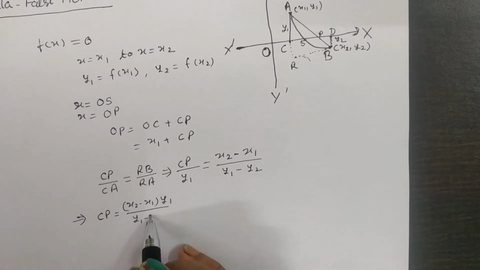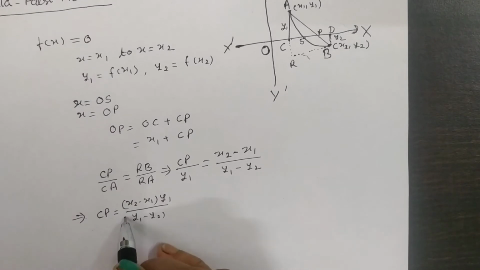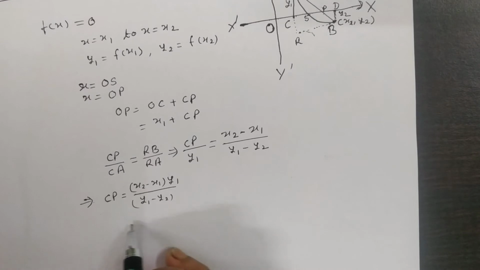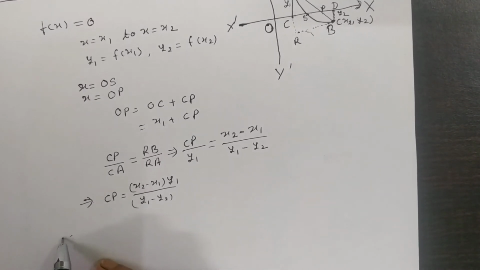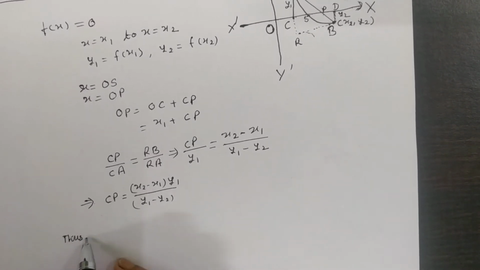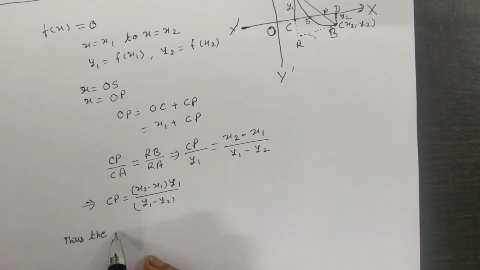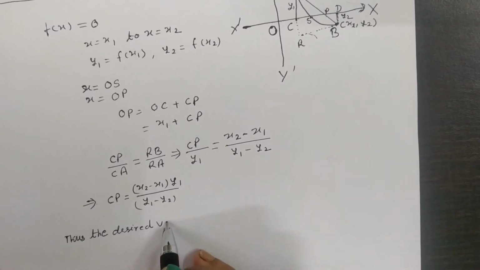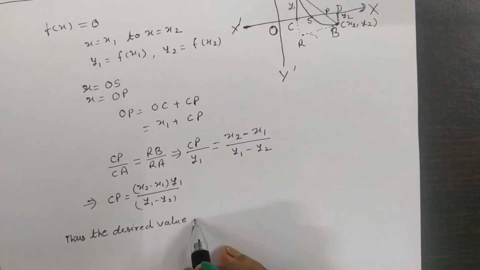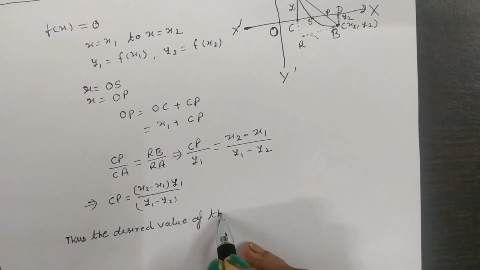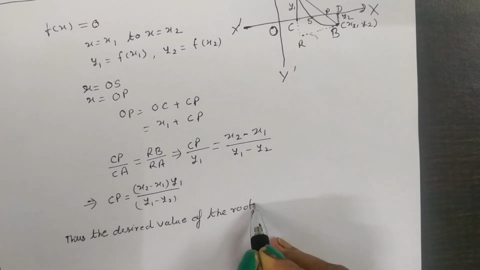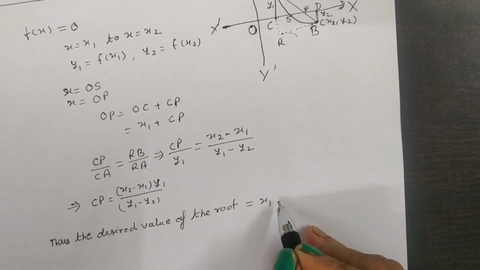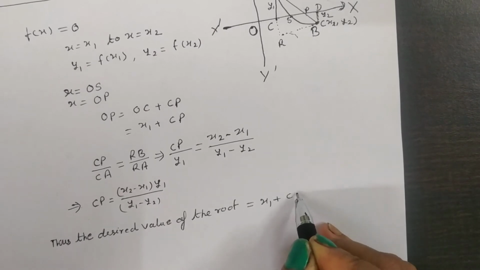y1 minus y2. Therefore the desired value of the root is equal to x1 plus CP.